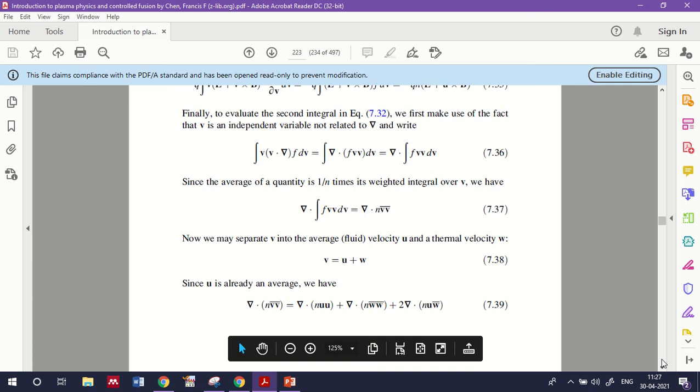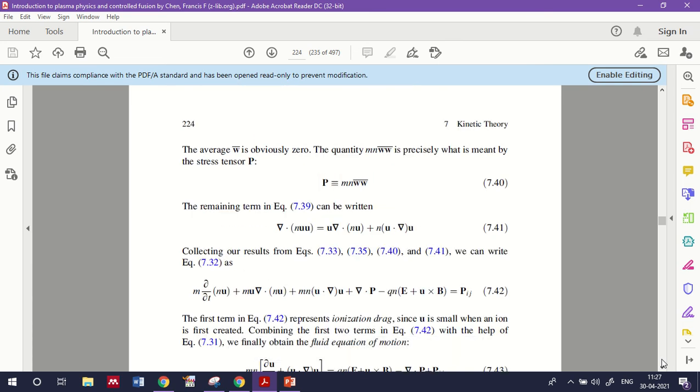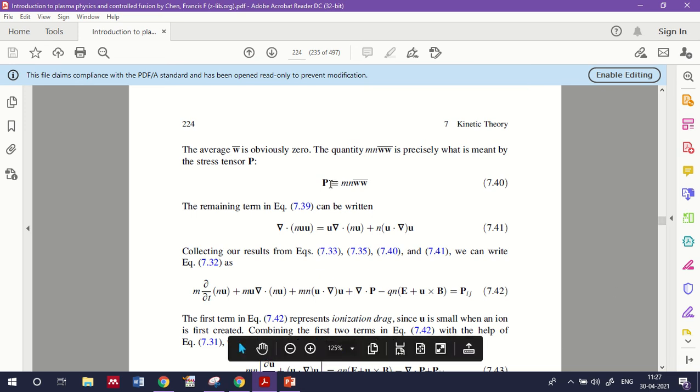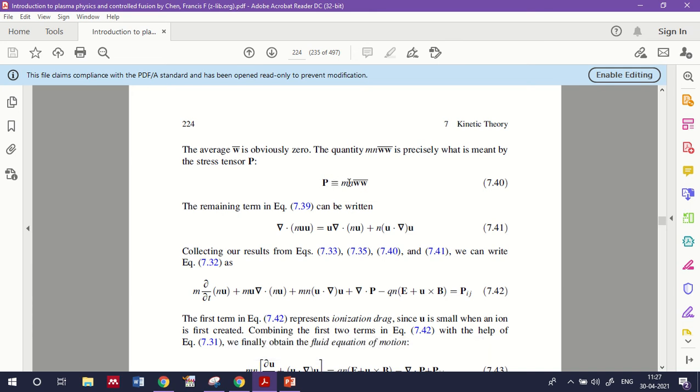Okay, so now we'll come back to our equation. Now we say that the average power in this case will be 0, and the quantity m n w bar is precisely the stress tensor. So we can treat P as equivalent to m n w bar, the corresponding stress tensor in that case.